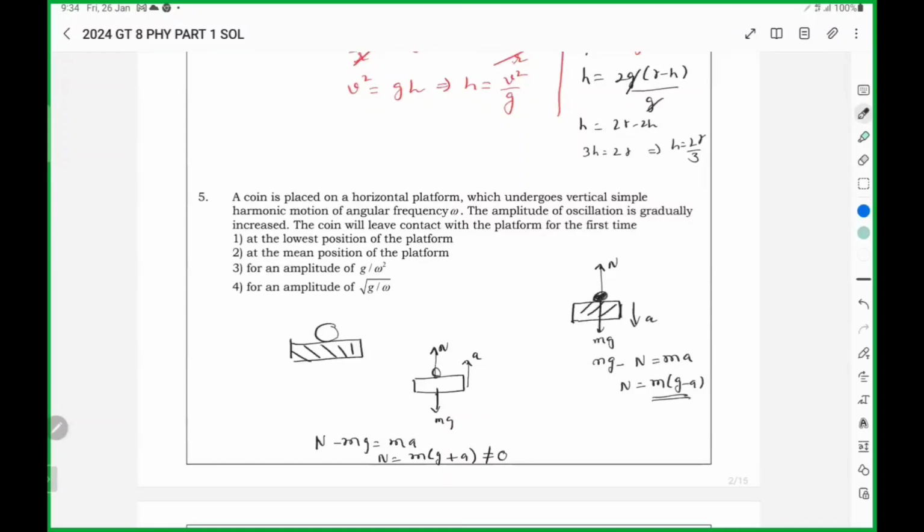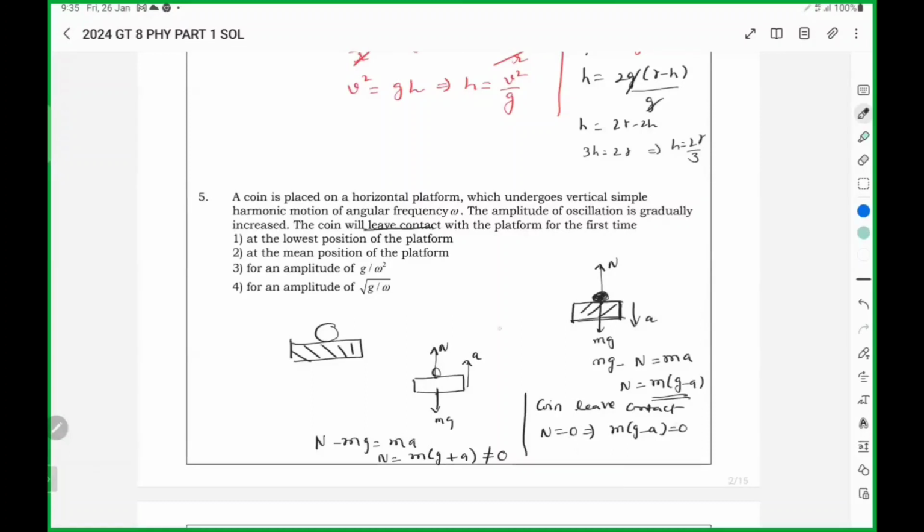As long as the coin is in contact with the platform, there will be normal reaction. The coin will leave contact when the normal reaction is zero. That is nothing but m into (g minus a) is zero.